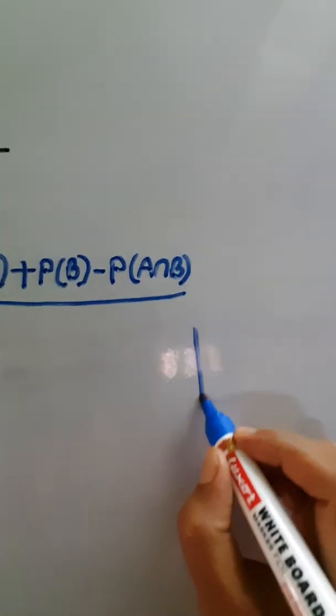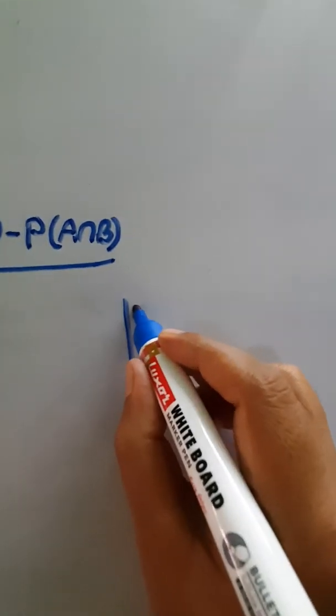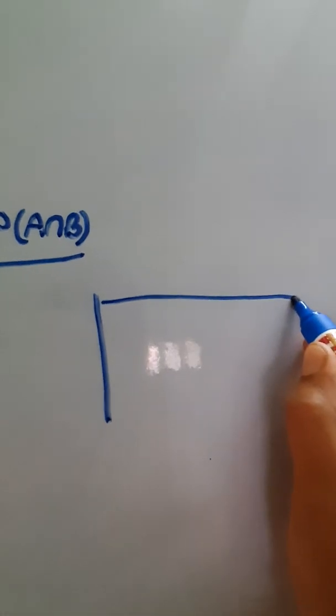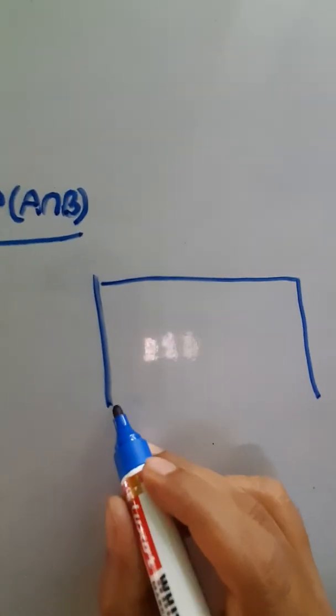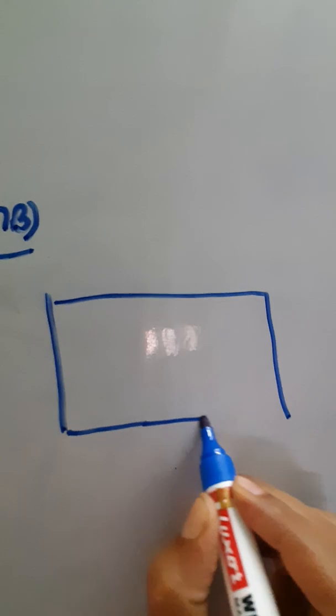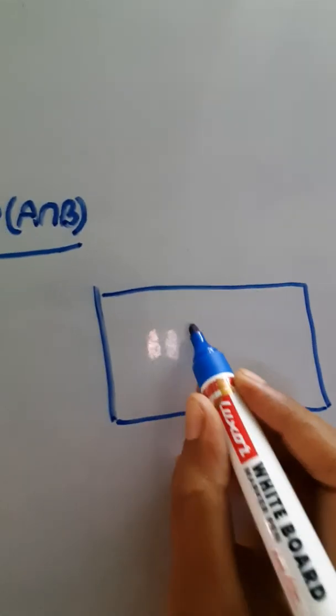Now in a Venn diagram, we can represent the events A and B by two intersecting circles.